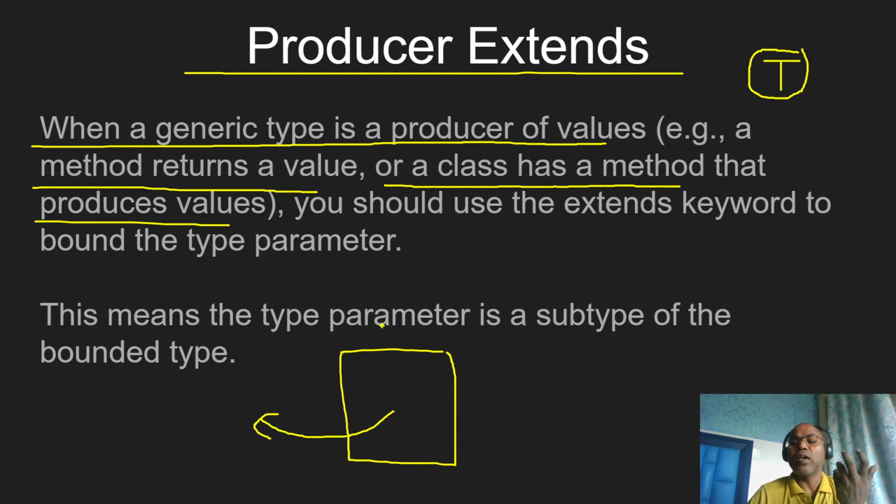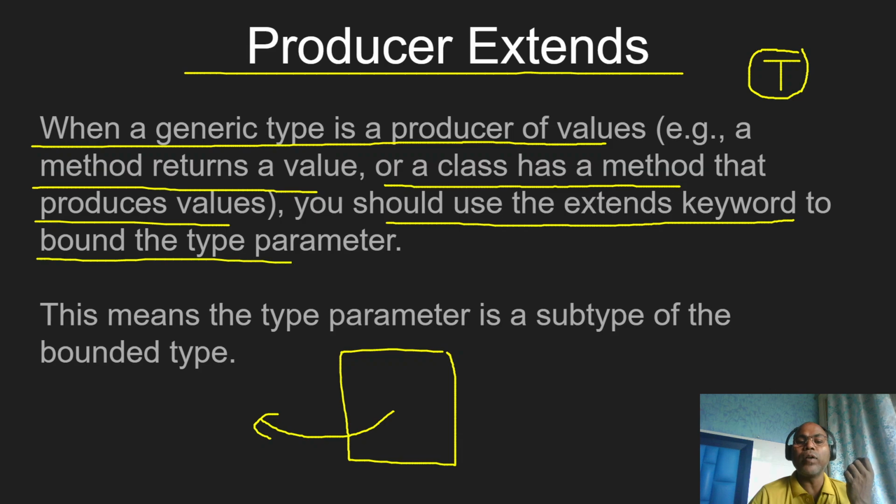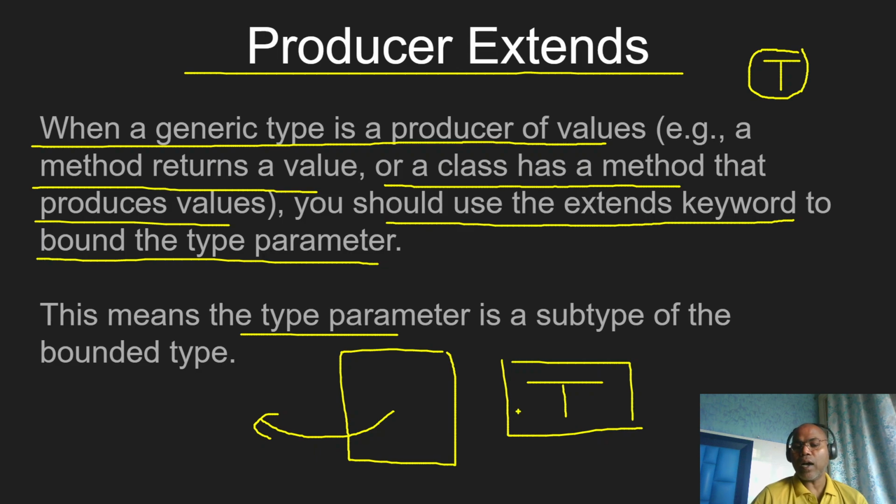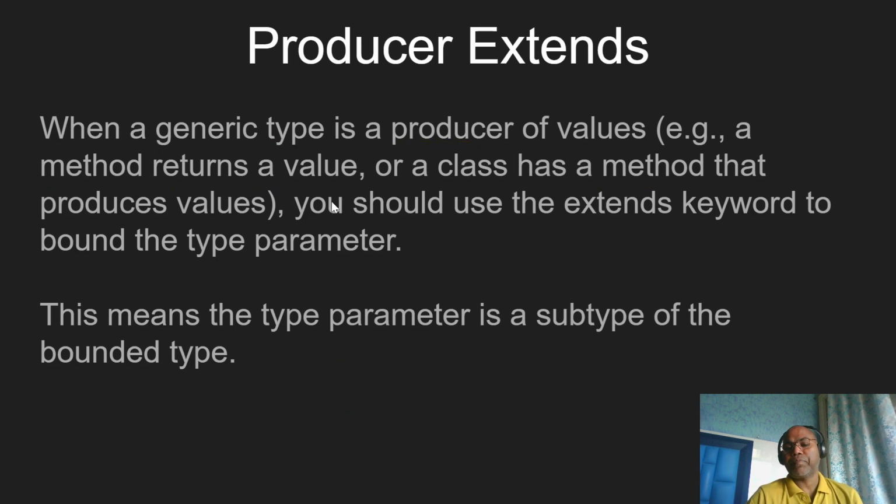So this principle suggests, for a producer, use the extend keyword as a bounded type parameter. Simple. That means the type parameter is a subtype of the bounded type. Whatever type you are deciding here, since they are returning values, it covers all its subtypes. So its own type and all its subtypes is known as producer extend. Right? So here, producer extend methods accept all the subtypes.